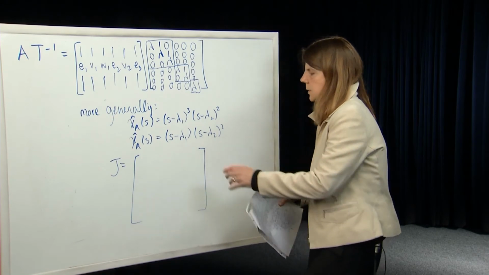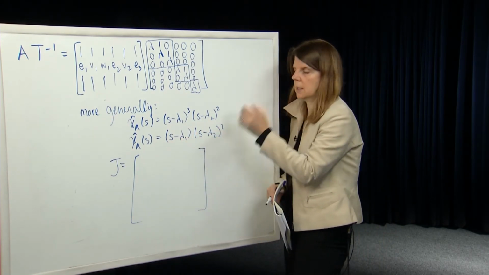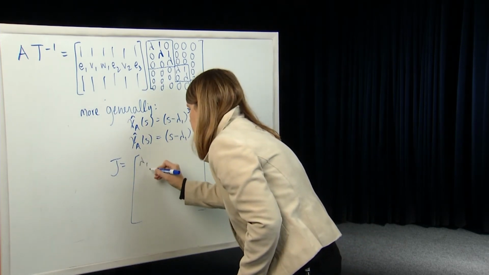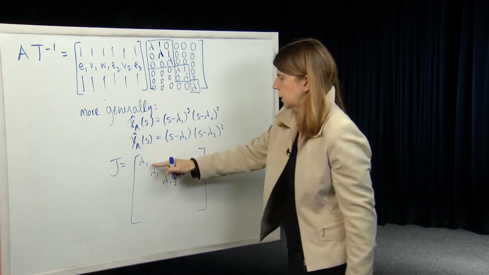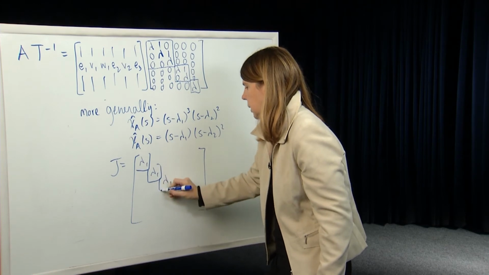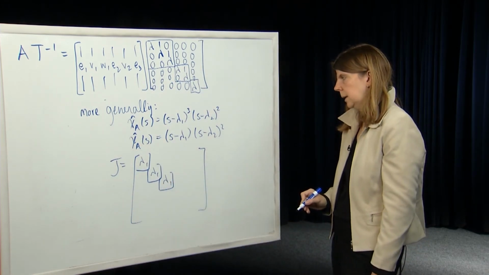What this says is that the largest Jordan block associated to eigenvalue lambda 1 is of size 1. So for each of those, the largest Jordan block is of size 1. So I'm going to get 3 little blocks of size 1 associated to the eigenvalue at lambda 1.